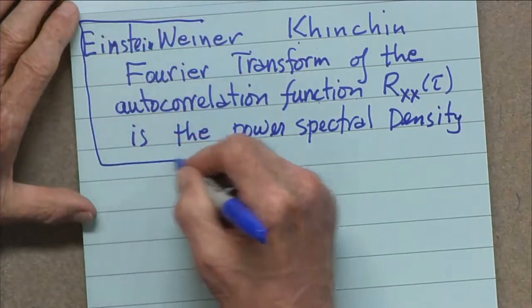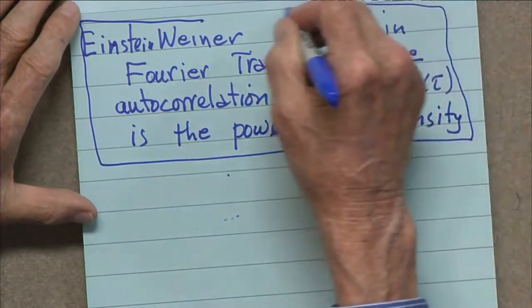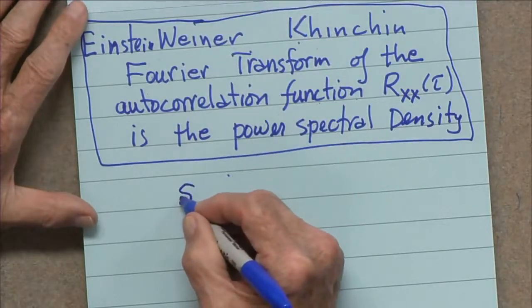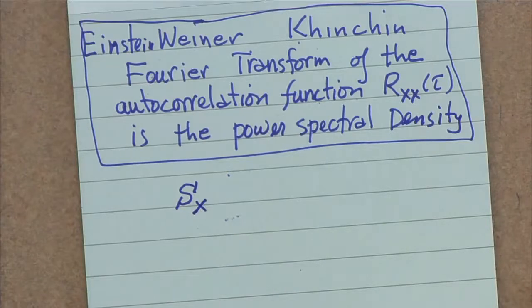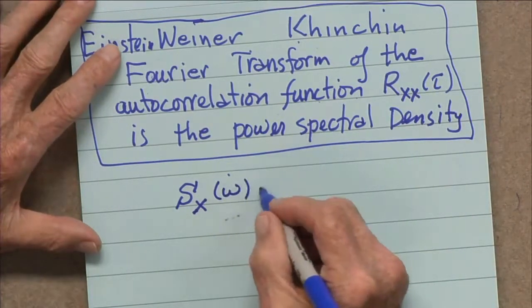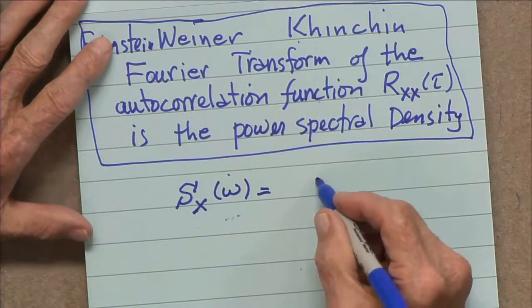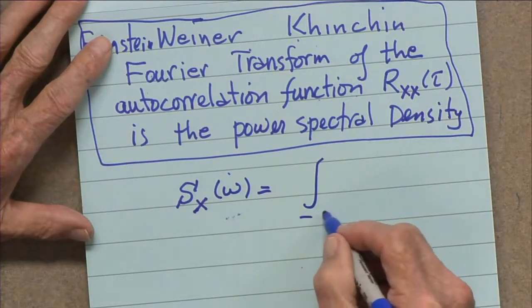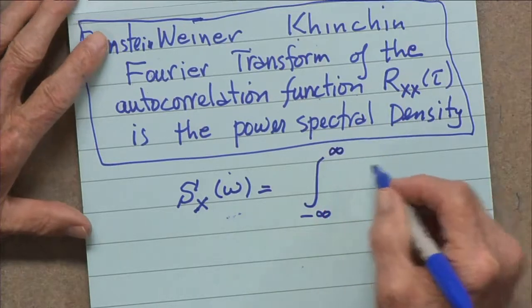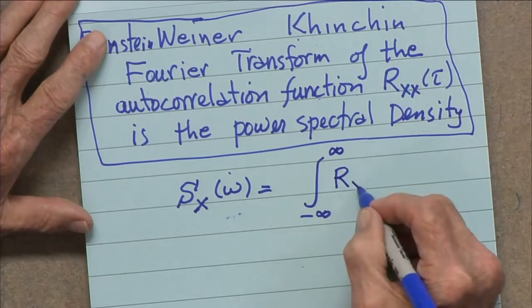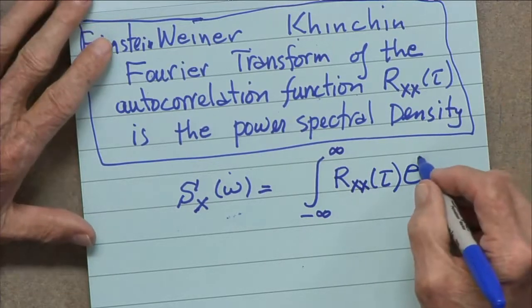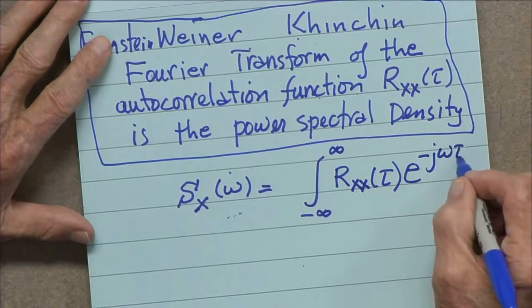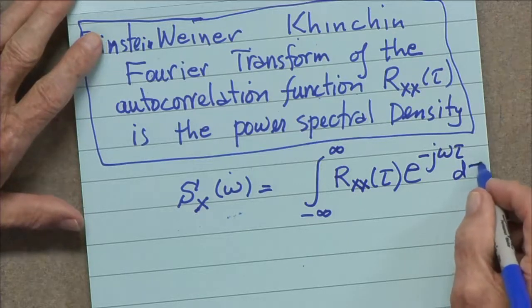So this is stated as the power spectral density of the random variable x as a function of frequency is the integral from minus infinity to plus infinity of Rxx of tau e to the minus j omega tau d tau.